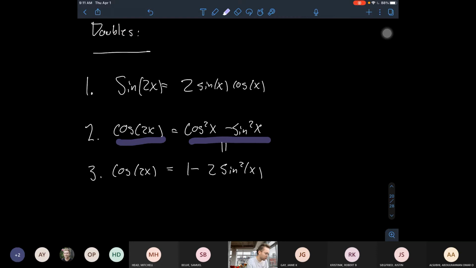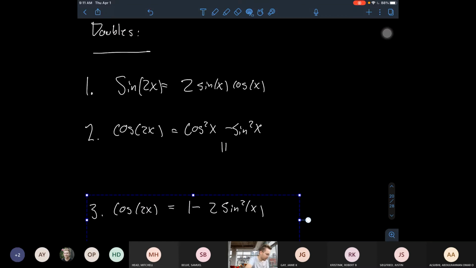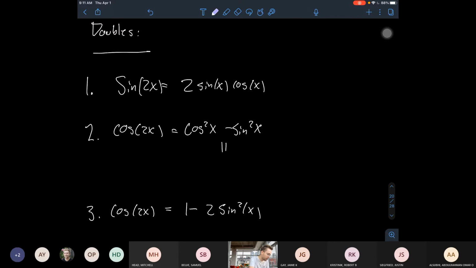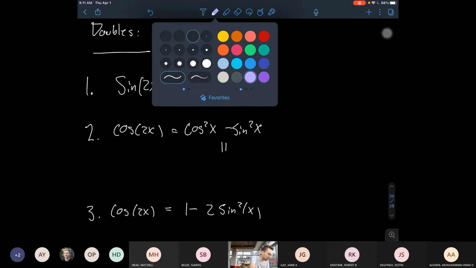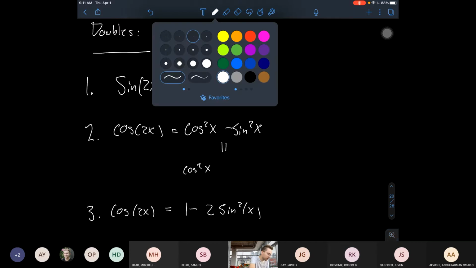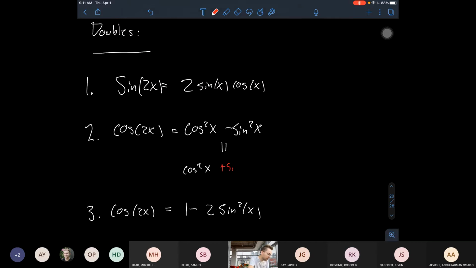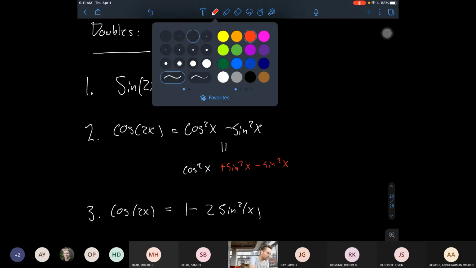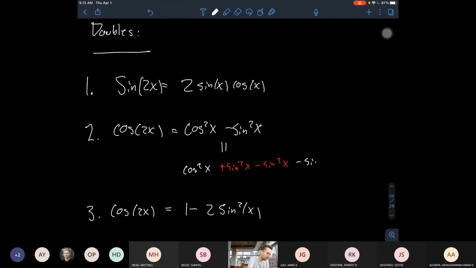And we could also rearrange this if we added cosine squared x and subtracted cosine squared x in the middle. So if you want to go from here to here, you would say this is cosine squared x, and then you'd do a plus-minus thing: plus sine squared x minus sine squared x minus sine squared x.